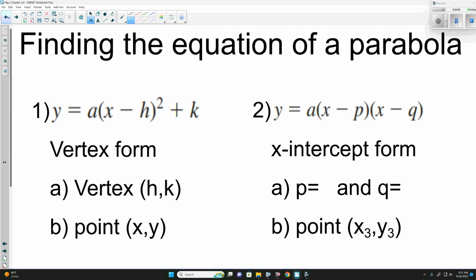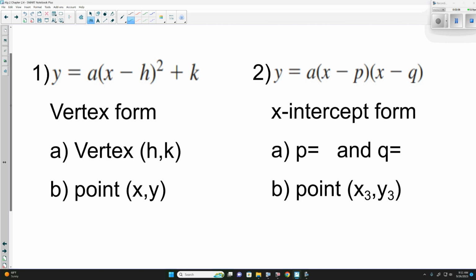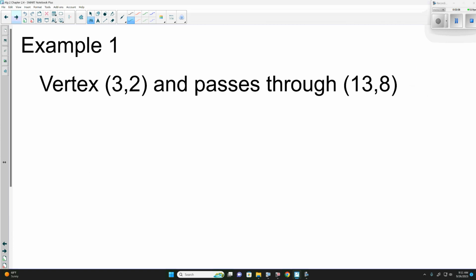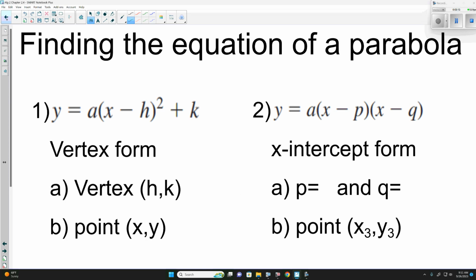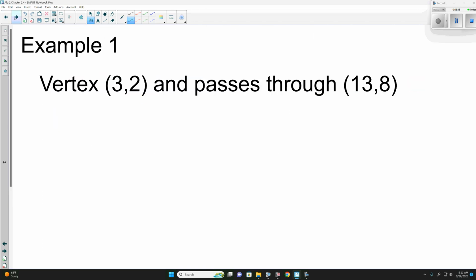The first thing we need to do is figure out which of the two forms to use. Well, they gave us the vertex and a point, yes? So we're going to use vertex form.